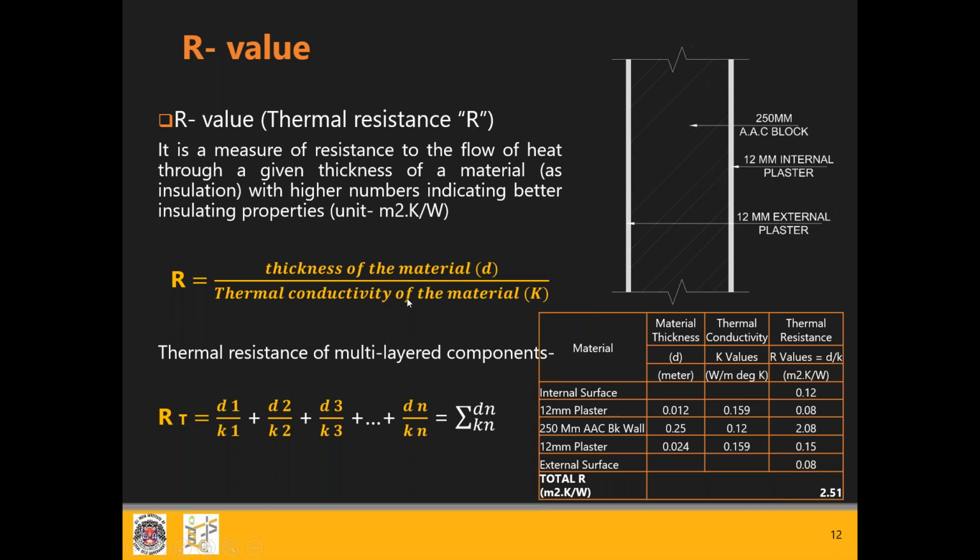If I am planning a 250 mm AAC block, I go to the AAC block supplier and ask them to provide the thermal conductivity of the material. If they have it, they will provide it. If they don't have it, they'll go and get it tested.